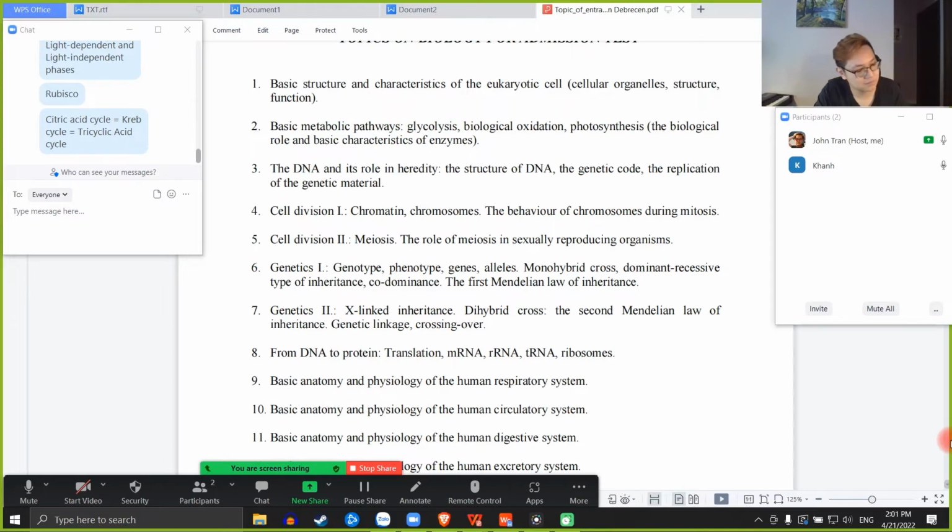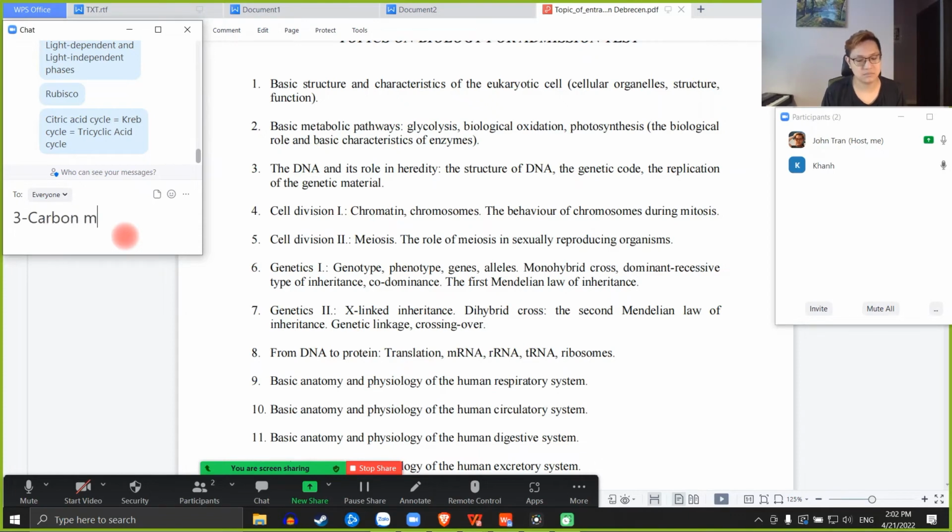And moving into stage 2 is lysis, where the glucose diphosphate gets broken down into three-carbon molecules.